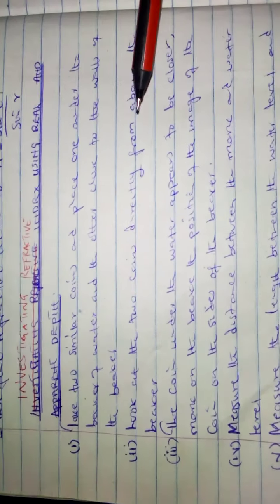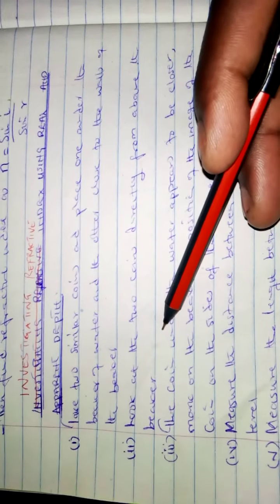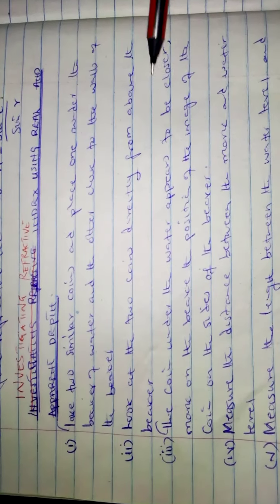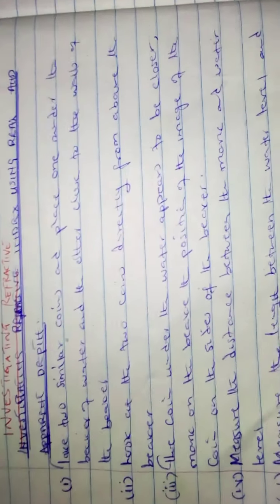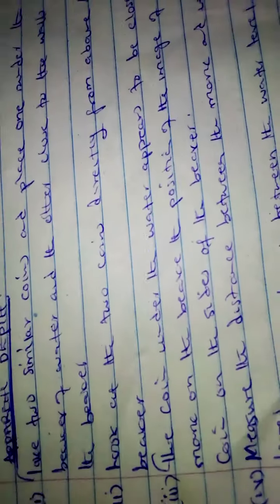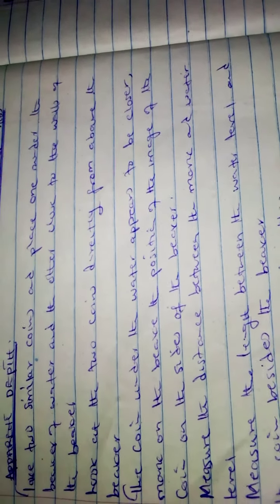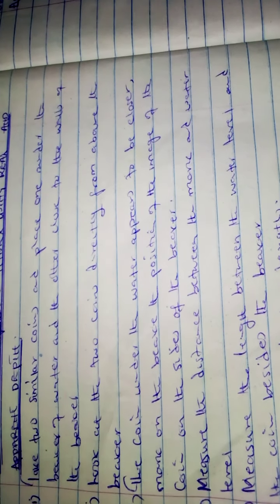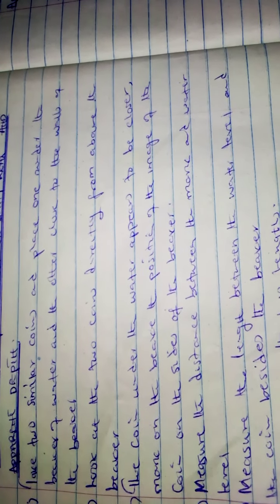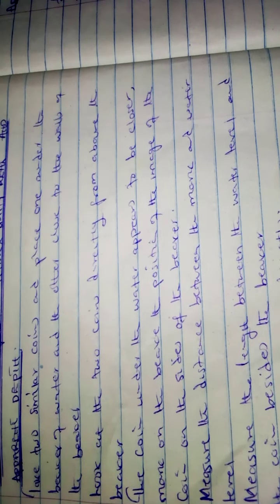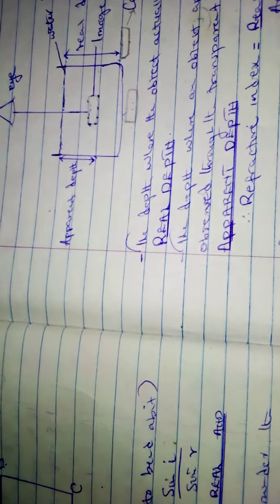That is the first procedure, like I said. Number 2, look at the 2 coins directly from above the beaker. So what they mean is you look from above, where your eye is there. Then number 3, the coin under the water appears to be closer. Mark on the beaker the point of the image. So like I said, you put a mark there where you are seeing it.